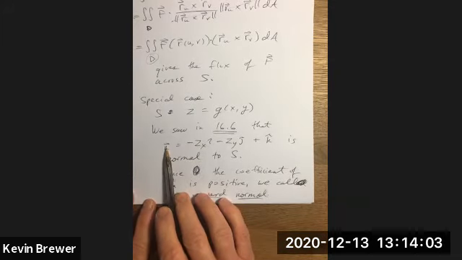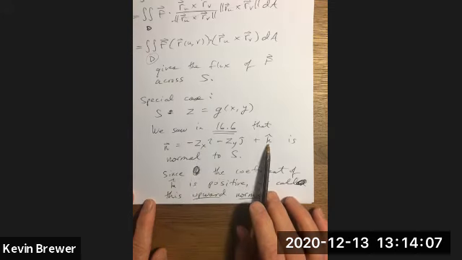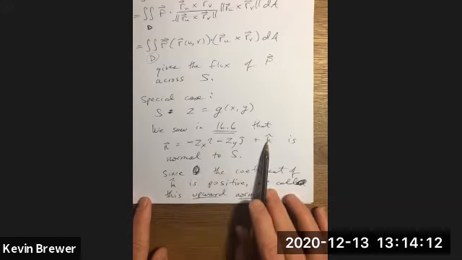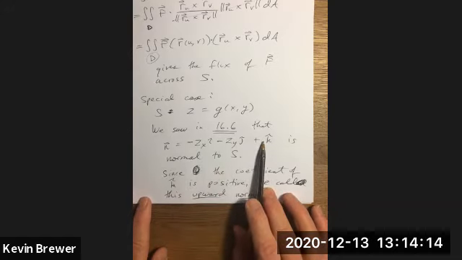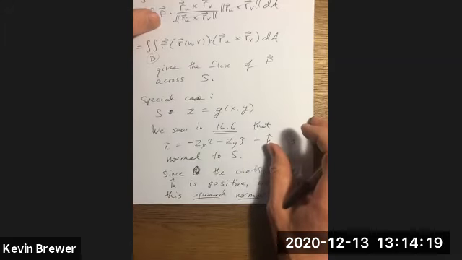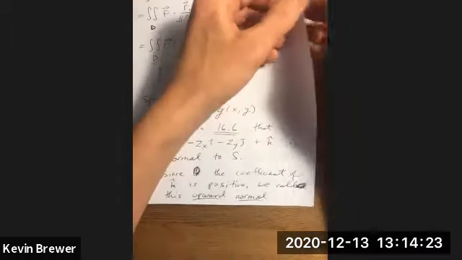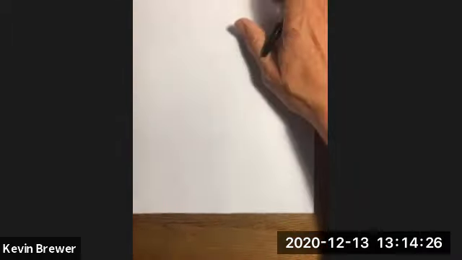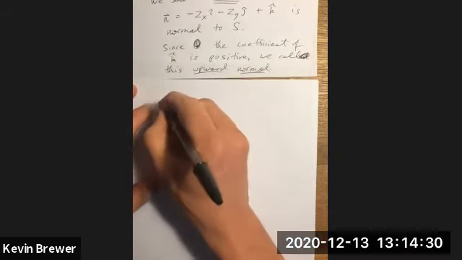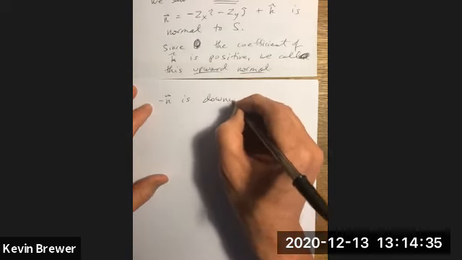A normal vector to the surface, in this case, is given by this, because this leaves us with a positive multiplier for K here. We call this the upward normal. Minus N, of course, is the downward normal.